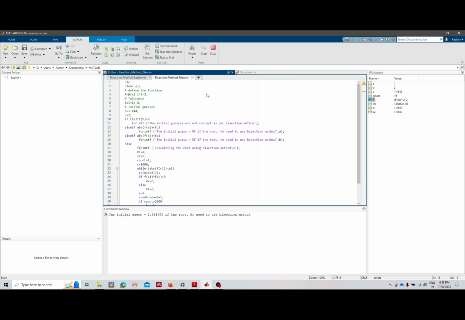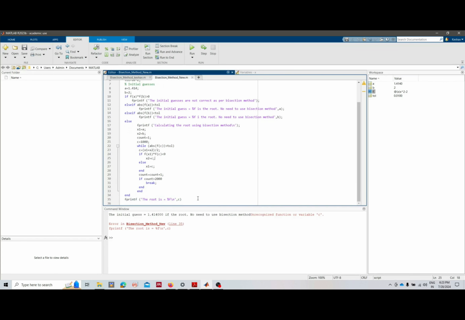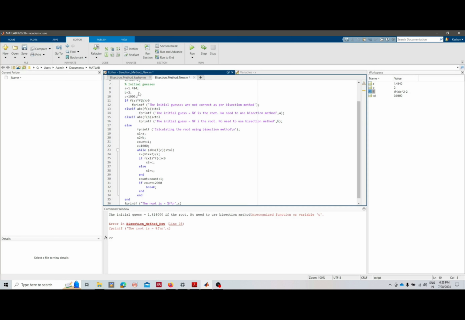Now if I run this code, see, the initial guess 1.414 is the root, no need to use the bisection method. Okay. I defined this C here, so this won't show an error.